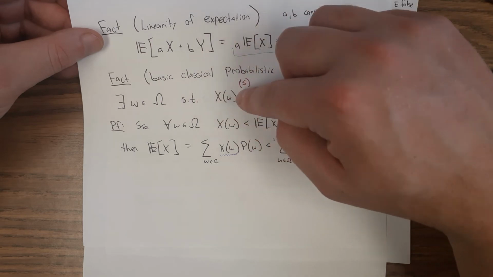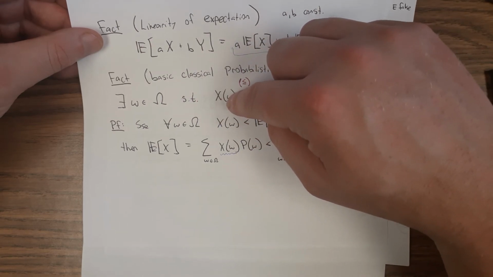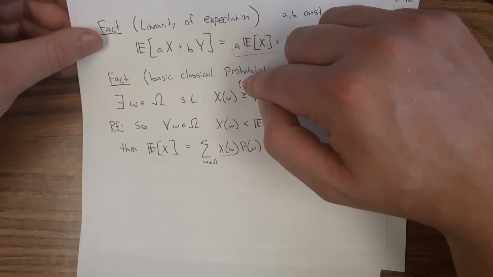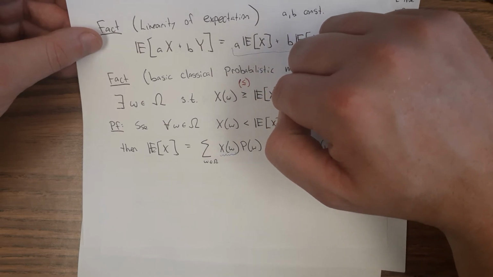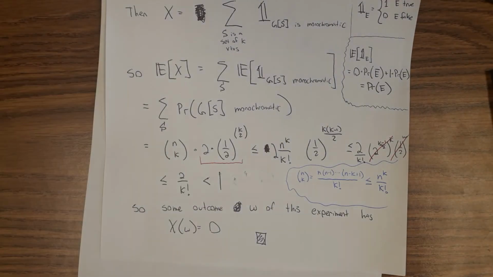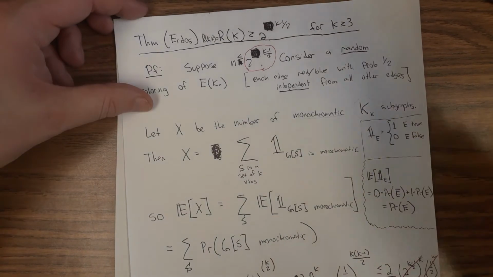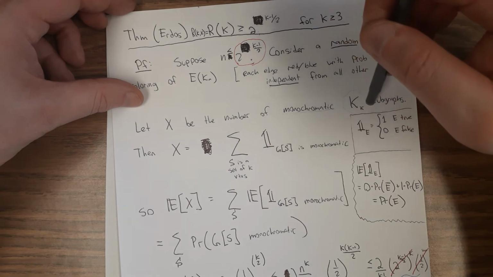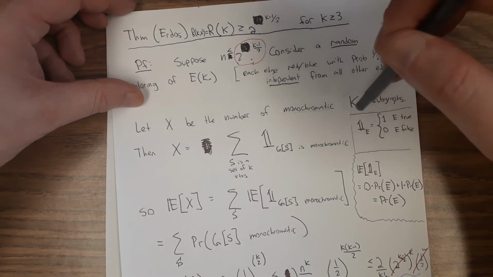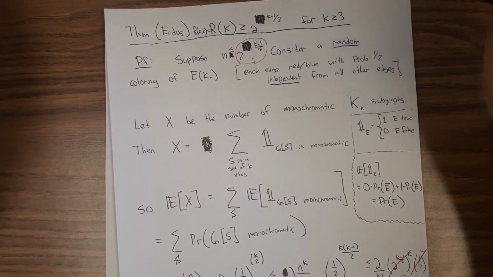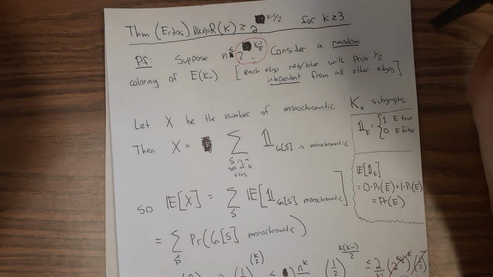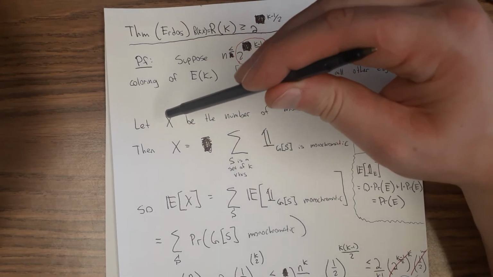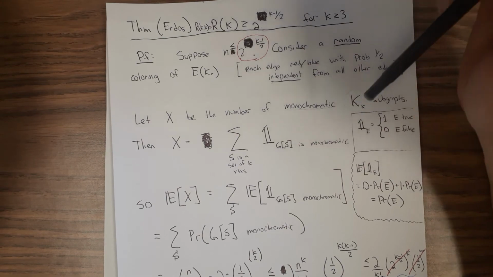So there exists an outcome such that the value of x is strictly less than 1. What we're talking about is counting the number of monochromatic k sub k's. And that's an integer, a non-negative integer, no matter what it is. So if we're talking about an outcome where that is less than 1, that means it's 0.